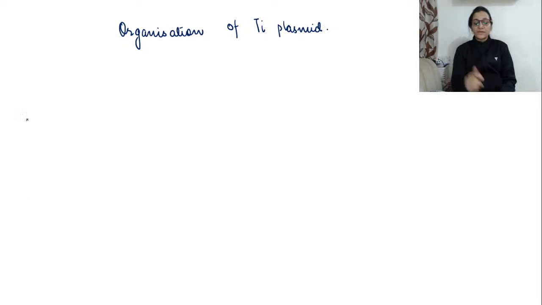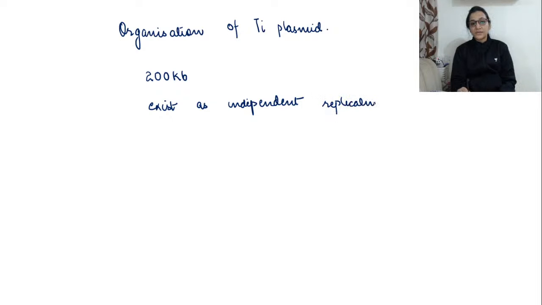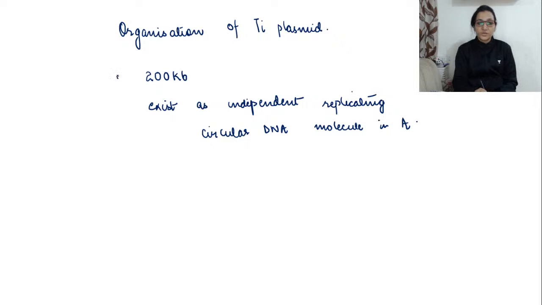So the Ti plasmid is approximately 200 kb long and it exists as an independent replicating circular DNA molecule in Agrobacterium tumefaciens. So it's 200 kb long, and it exists independently.